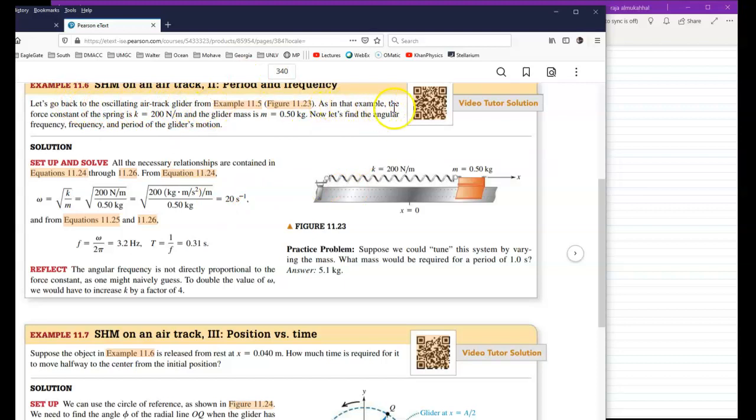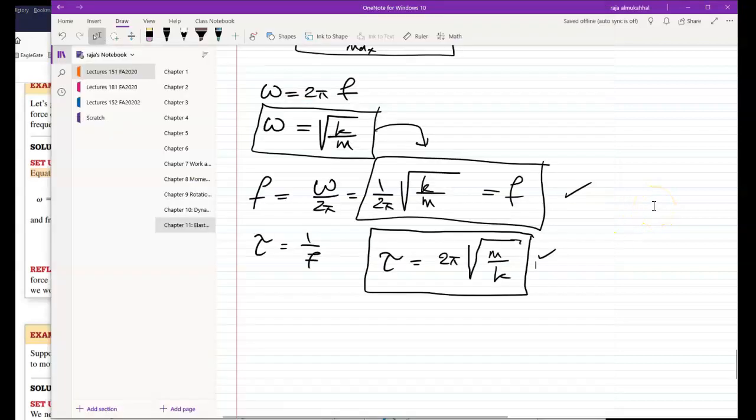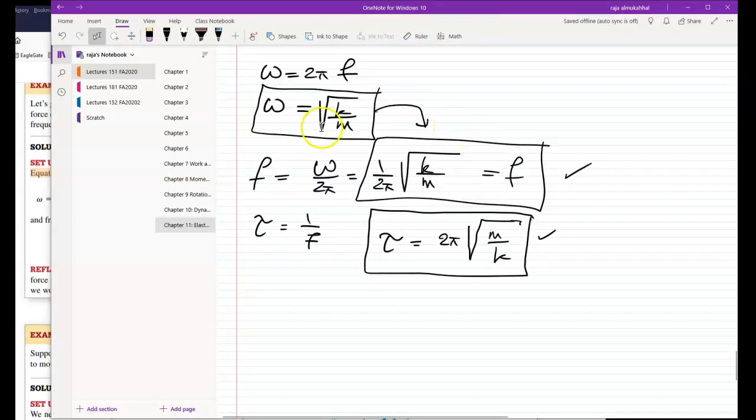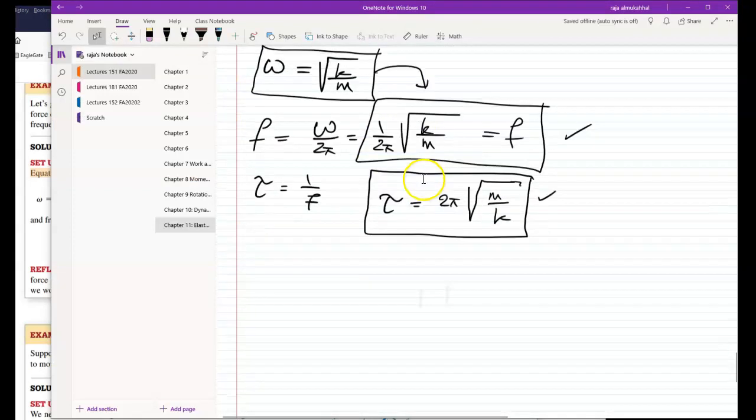As in that example, the force constant is 200, we got that, remember? And the glider's mass is 0.5 kilogram. Now let's find the angular frequency omega, frequency f, and period tau of the glider's motion. Simple substitution, as you can see here. So let's see how we do that, with those formulas in mind or on your sheet.